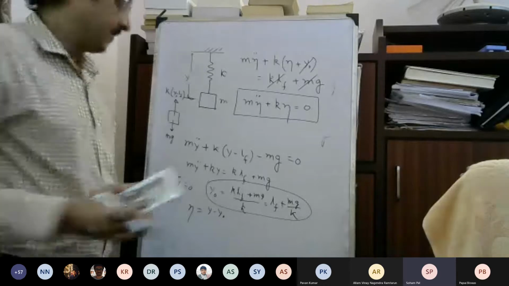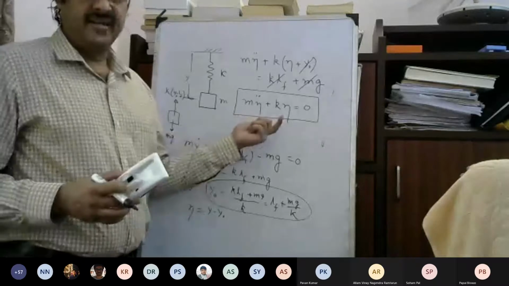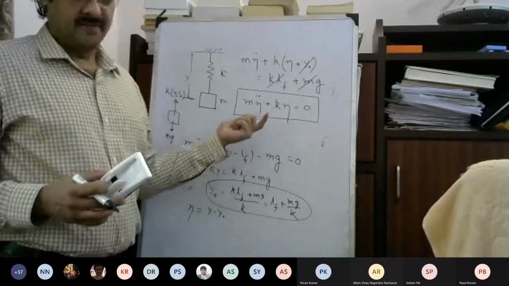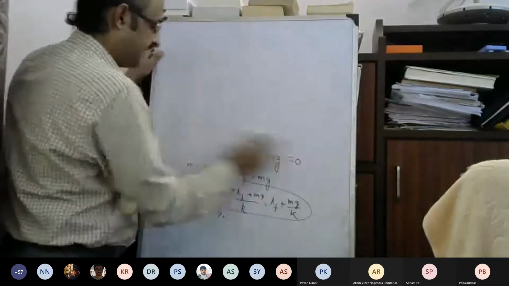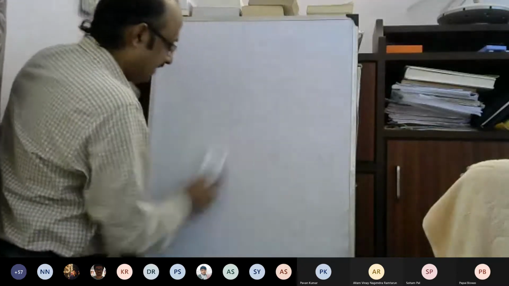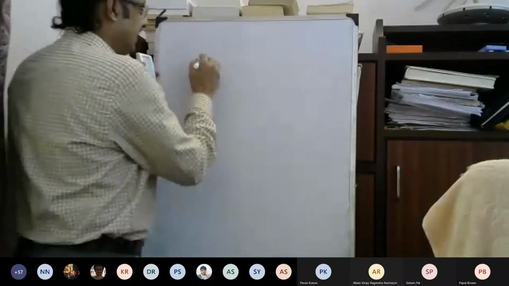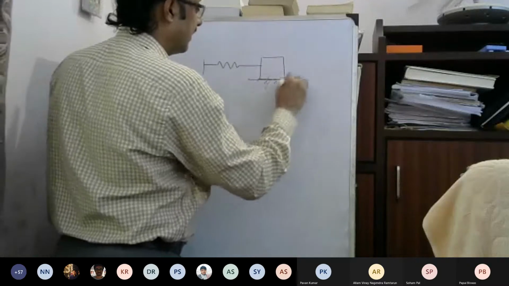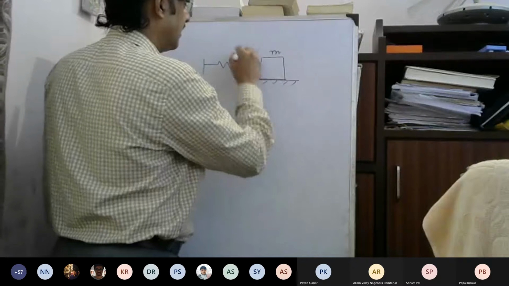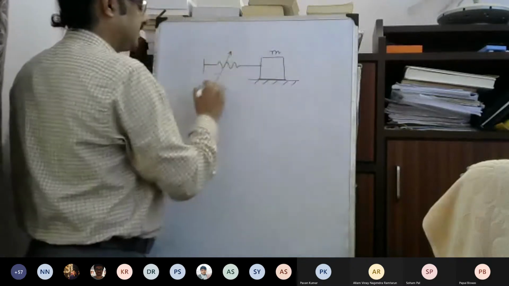Yes, sir. Okay. Now this is actually a linear equation in a single degree of freedom. So a single degree of freedom, linear system is what I considered so far. You can consider similarly a spring, but this one I consider as a non-linear spring.